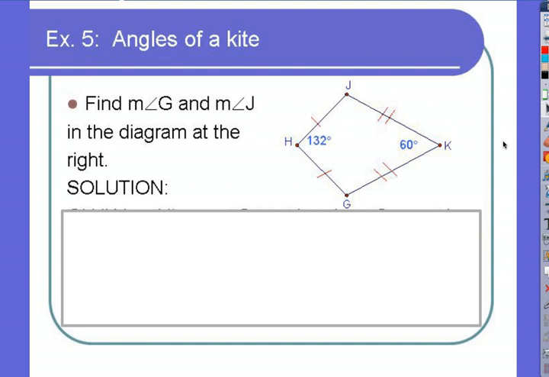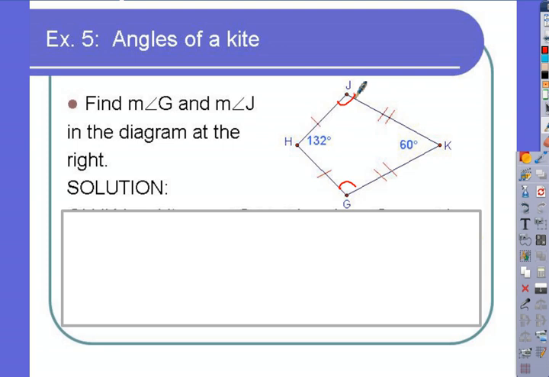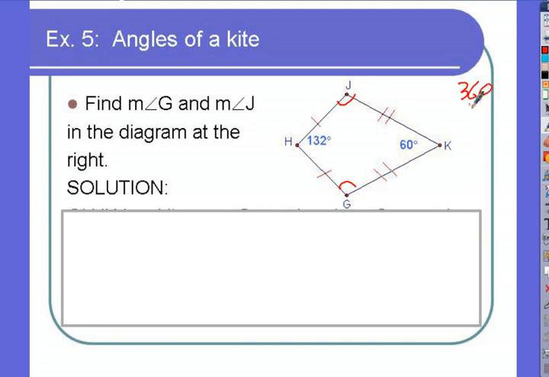There's the other one. We know that in a kite there's one pair of opposite congruent angles, and those are the ones, aren't they? Right? So then how could we use that? If the whole thing adds up to 360, 132 and 60 is 192. So 360 minus 192 is what, 168?